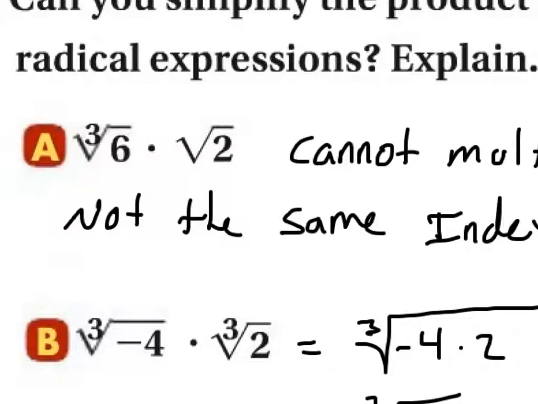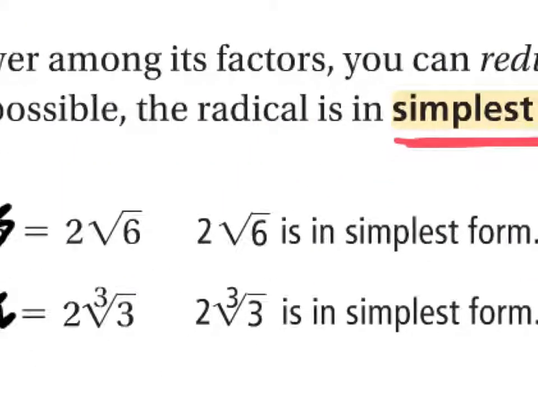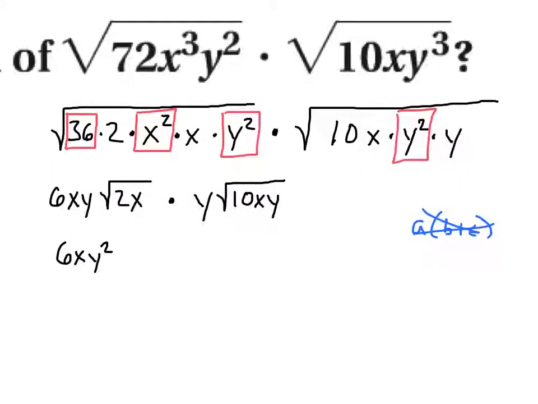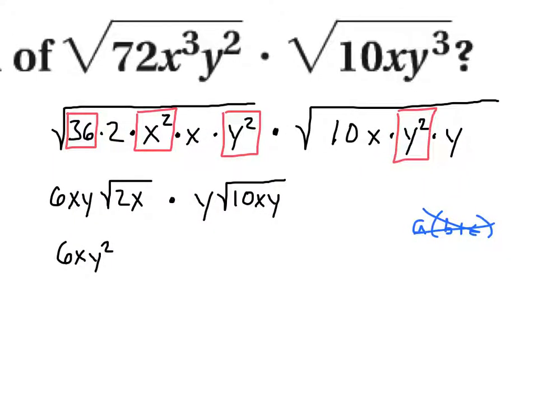If they have different indexes, you can't multiply them. Ours, thankfully, has the same index, so we are able to multiply those. So that means I have the square root of 2x times 10xy, which is 20x squared y.